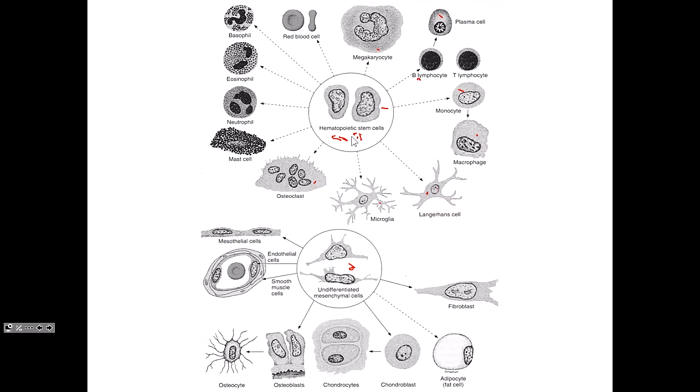The other origin of connective tissue cells is the undifferentiated mesenchymal cells that I showed you in that previous slide. They can give rise to fibroblasts. Fibroblasts secrete a lot of the extracellular material that we'll be discussing, either fibrous or amorphous. We also have fat cells, which act as the storage of energy.